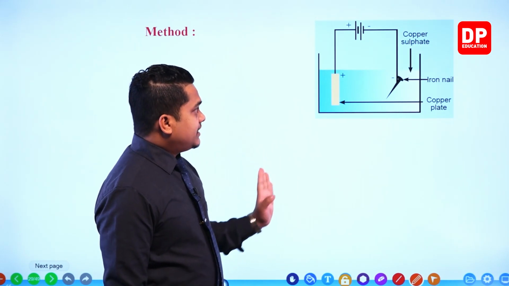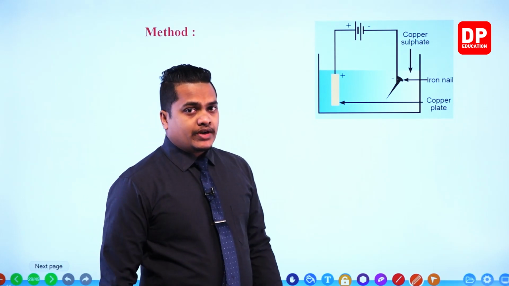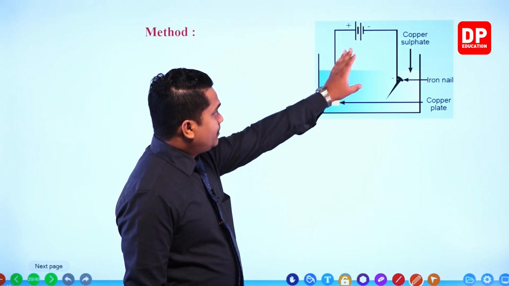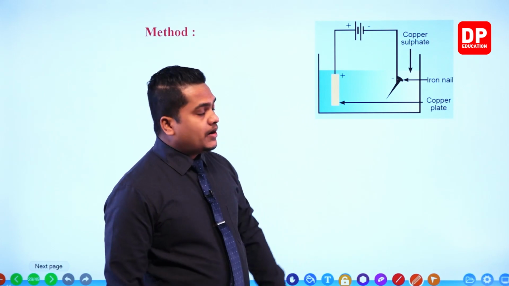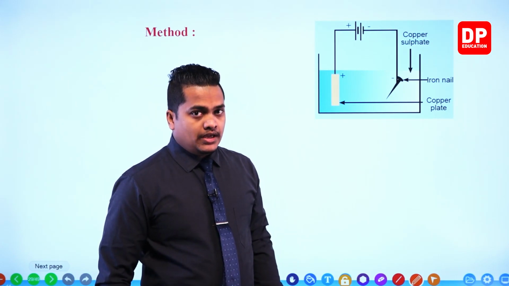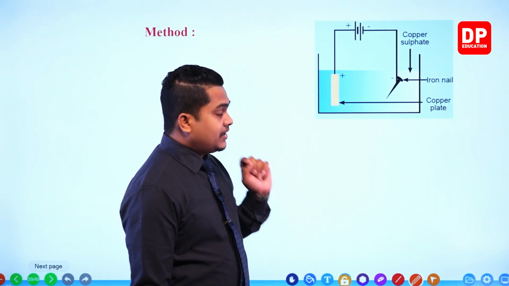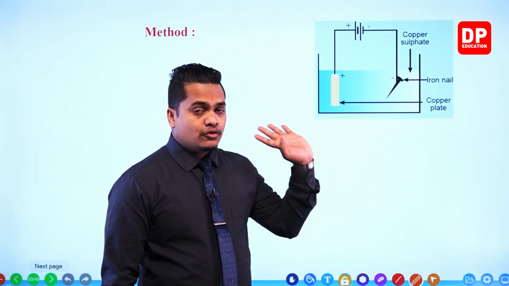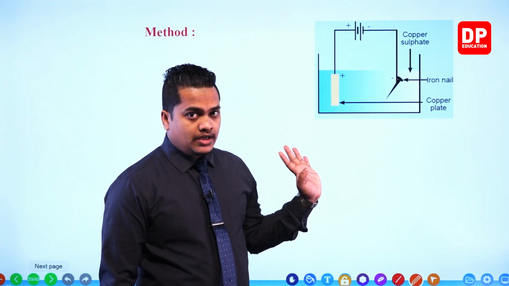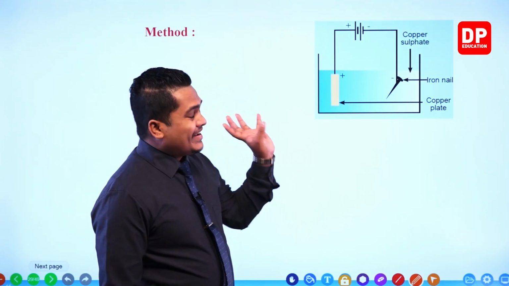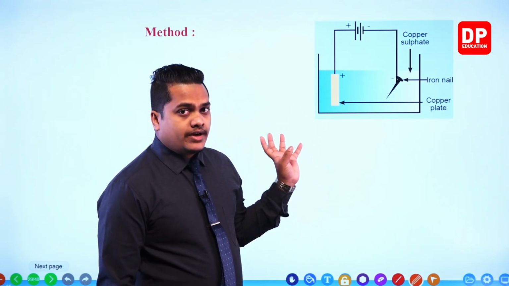Then to the positive terminal, you need to connect the copper plate. To the positive terminal, the copper plate; to the negative terminal, the object that we need to plate with copper. When connecting these things, you can use connecting wires.